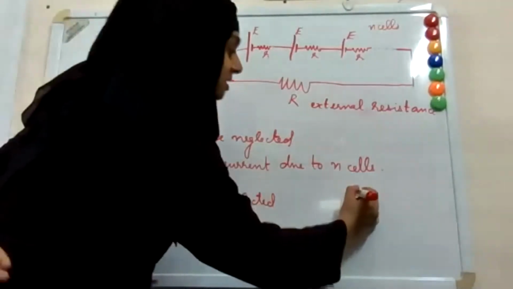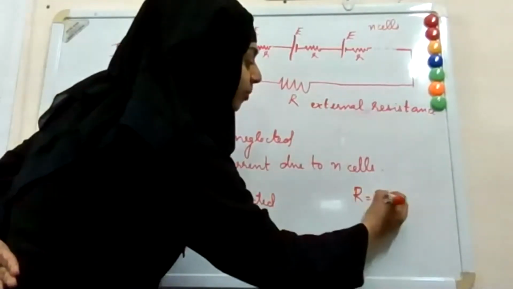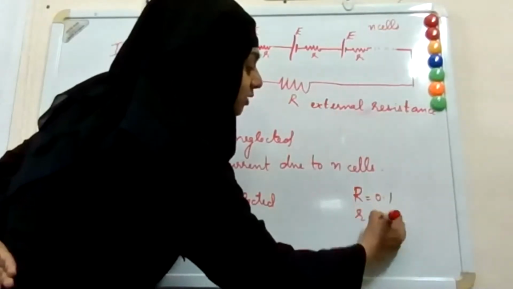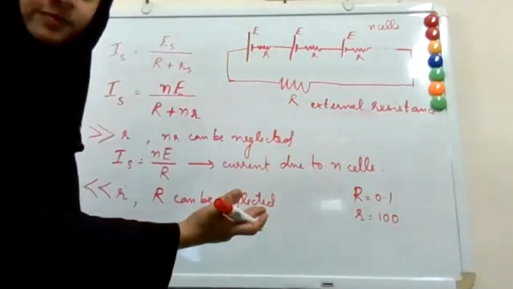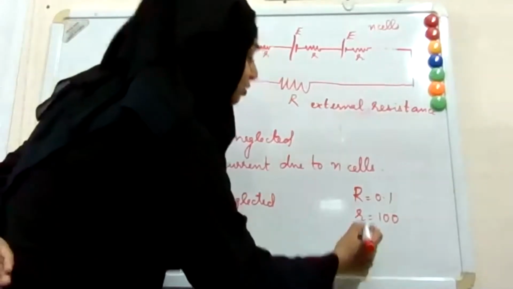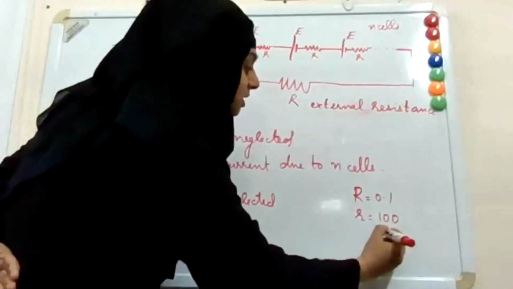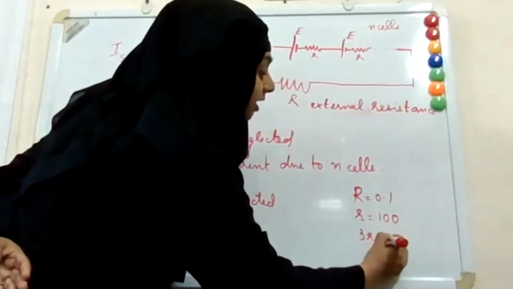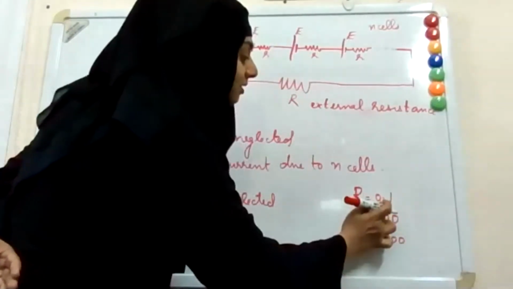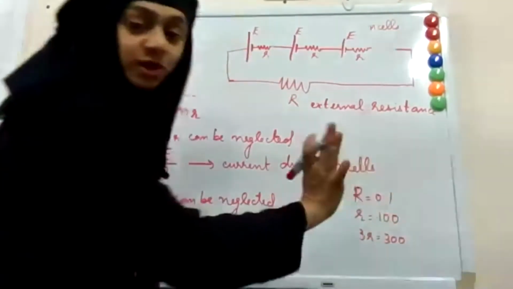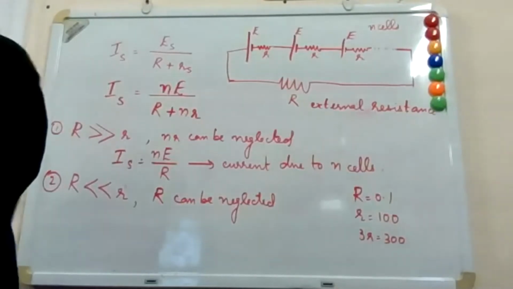I'll give a case. Suppose R is equal to 0.1. Small r is equal to 100. Then n into small r, if there are 3 cells, will become 300. So 0.1 compared to 300, you can neglect, right?